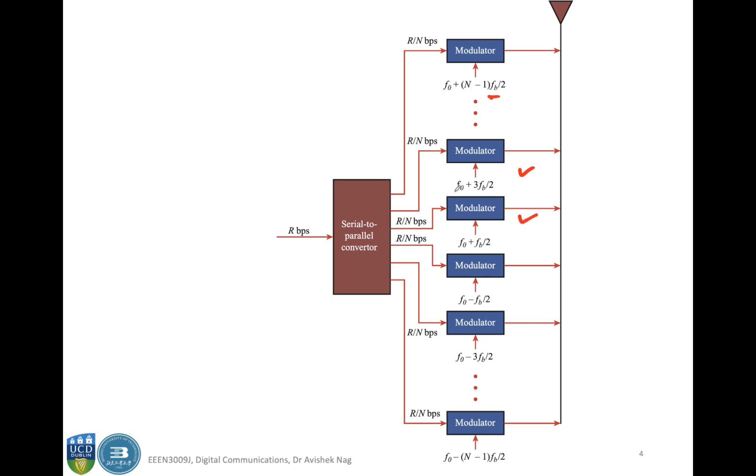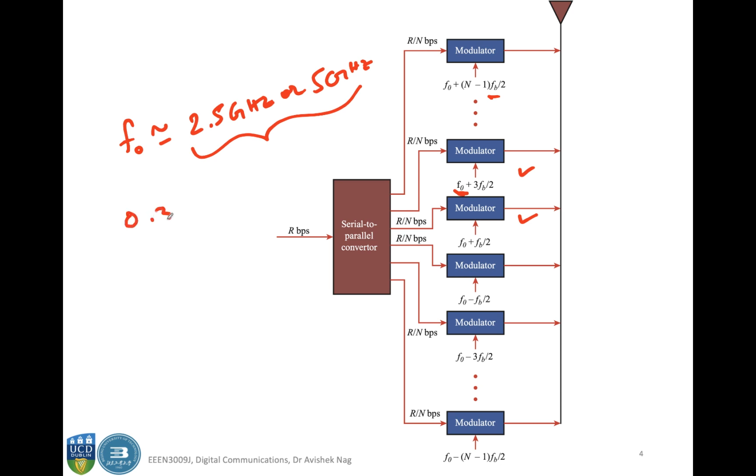And then the central frequency is F0. This is what is the case for IEEE 802.11n. The central frequency F0 is basically in the 2.4 gigahertz or 5 gigahertz band. This entire thing is translated into this band, and the spacing FB is 0.3125.